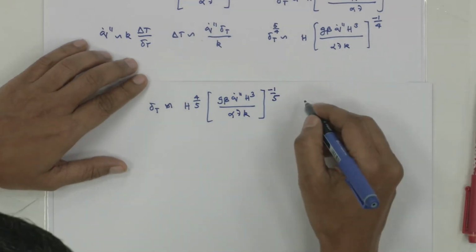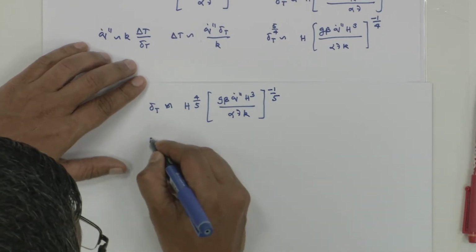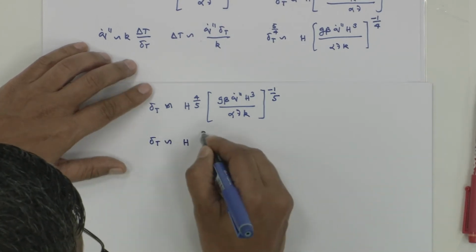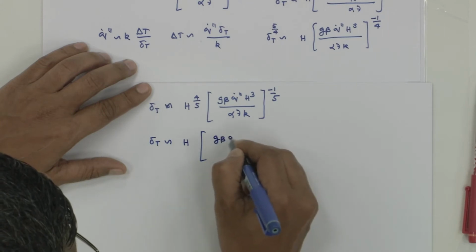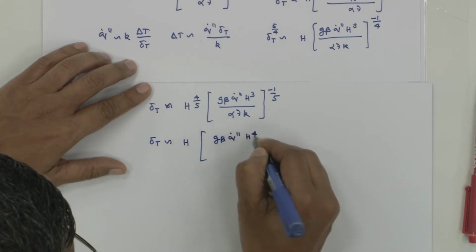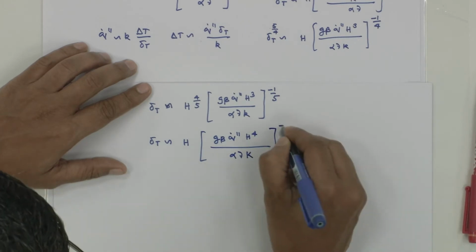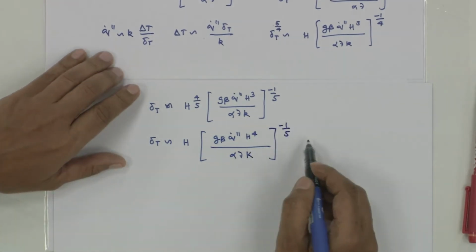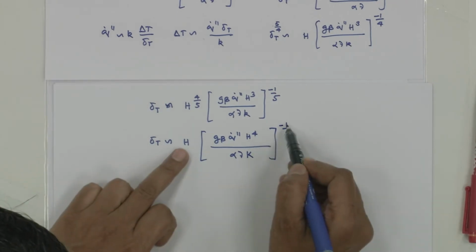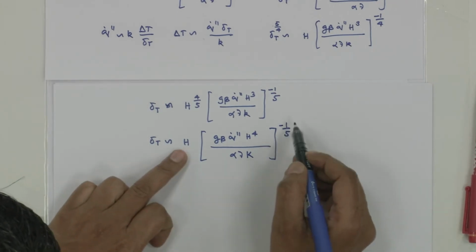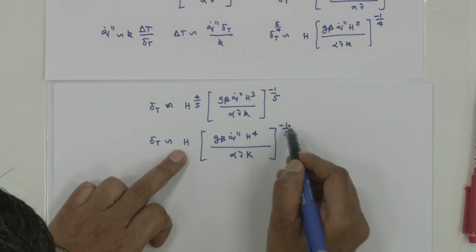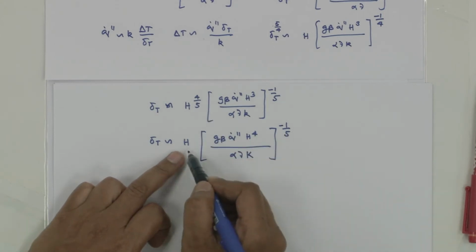So delta T is H into (g beta Q double dash H to the power of 4 upon alpha nu k) to the power of minus 1 by 5. I hope you got what I am doing. This is minus 4 by 5, sorry, H to the power of minus 1 by 5 plus 4 by 5, I am going to get H.